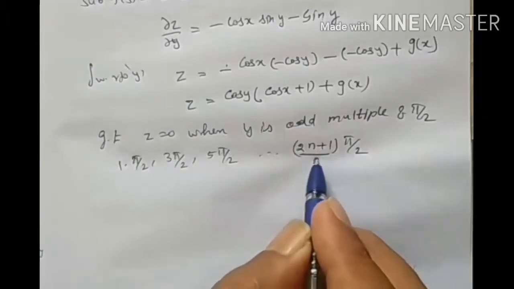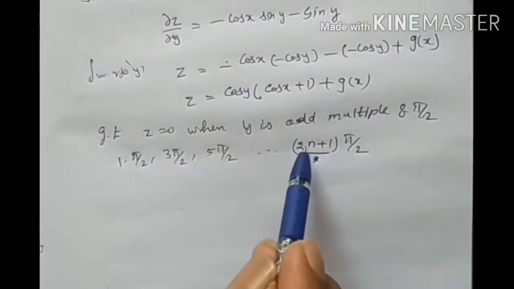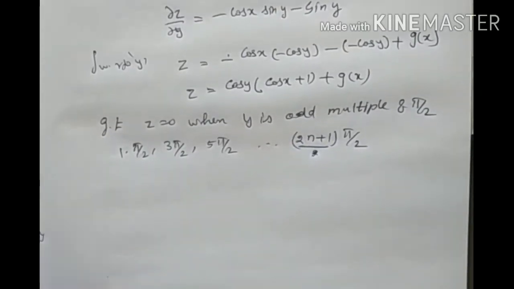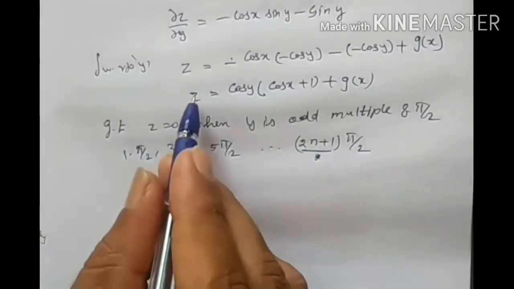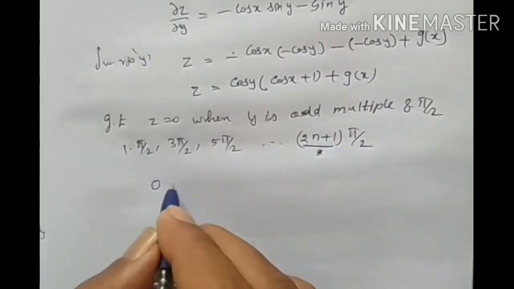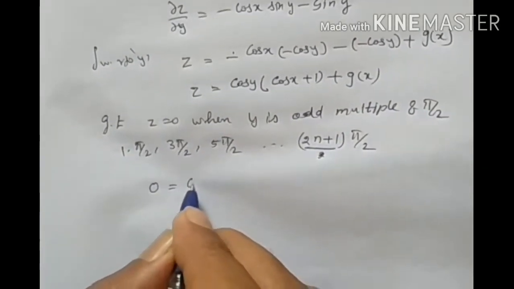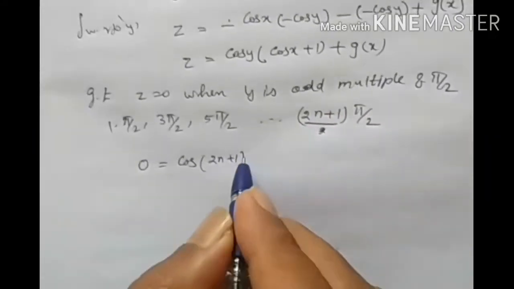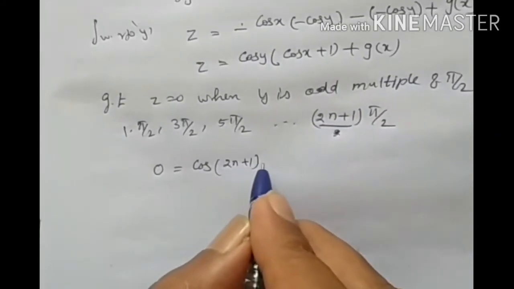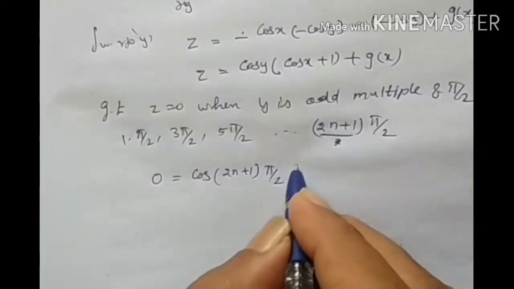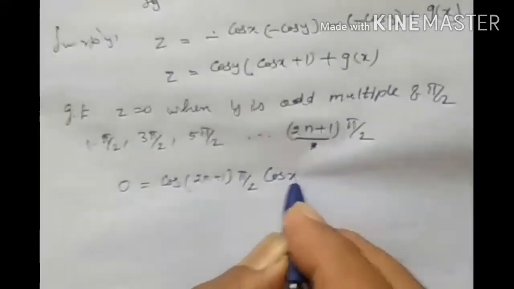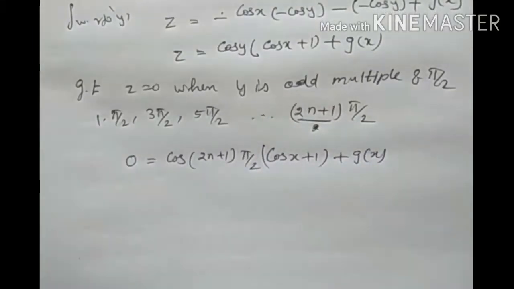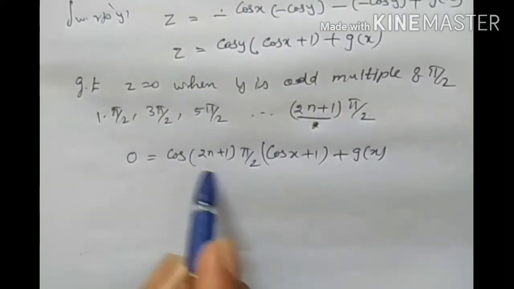Substitute 0, we get 1 pi by 2; substitute 1, we get 3 pi by 2. Now we substitute in this one: z is 0, cos y is cos of (2n plus 1) pi by 2, into cos x plus 1, plus g of x. So cos pi by 2 is what? 0.